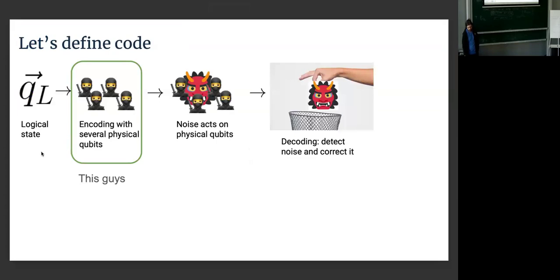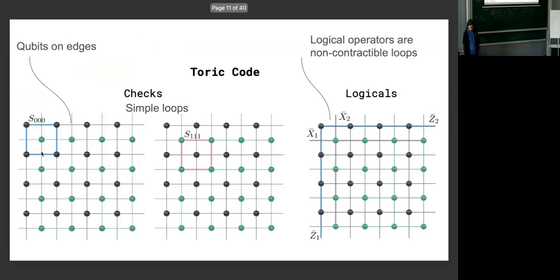Right, so now we need to define what code we will use, and we will focus on the toric code. What we do is take a square lattice, and on each edge we put a qubit, right? The square lattice has periodic boundaries.